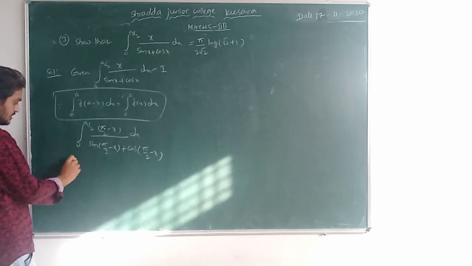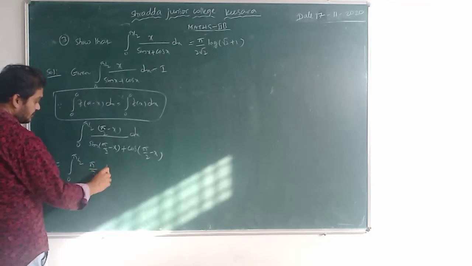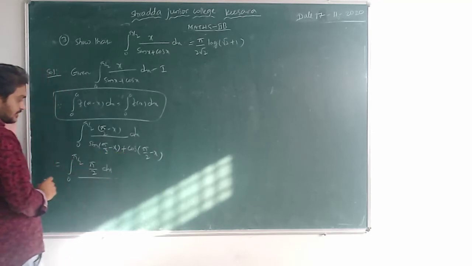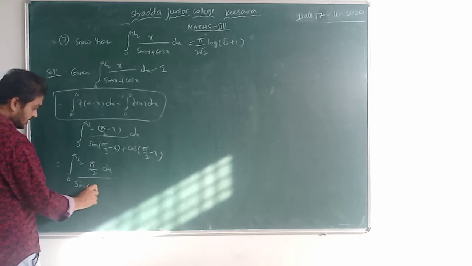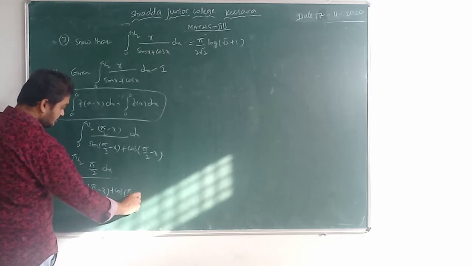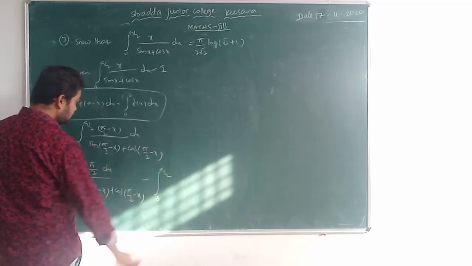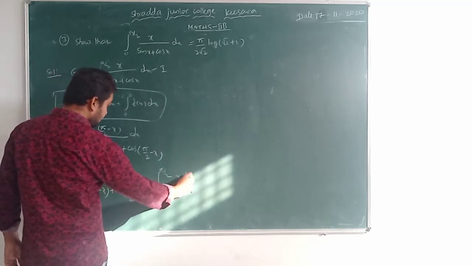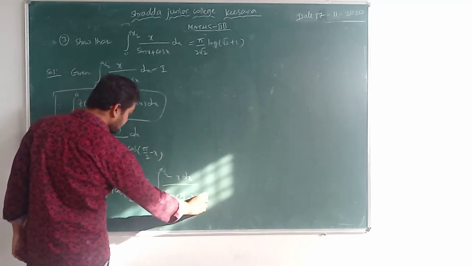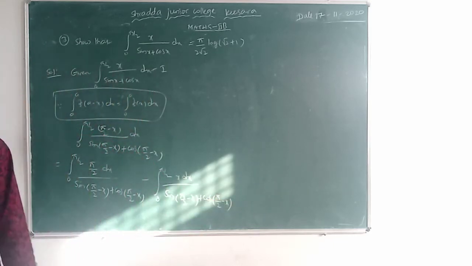Integration 0 to pi by 2 of pi by 2 dx by sin of (pi by 2 minus x) plus cos of (pi by 2 minus x), first splitting the numerator, minus integration 0 to pi by 2 of x dx by sin of (pi by 2 minus x) plus cos of (pi by 2 minus x).